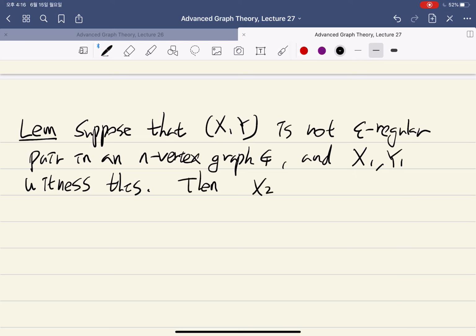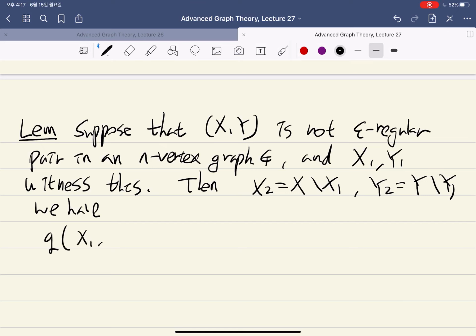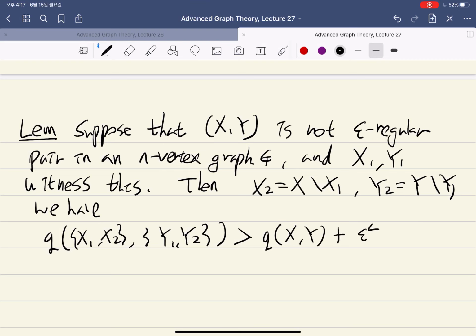Then if you take X2 as X minus X1 and Y2 as Y minus Y1, we have this. If you take this further partition, then it increases by a certain amount from the partition before.